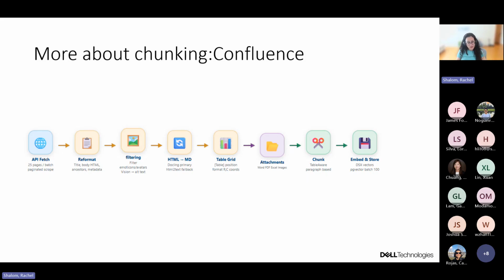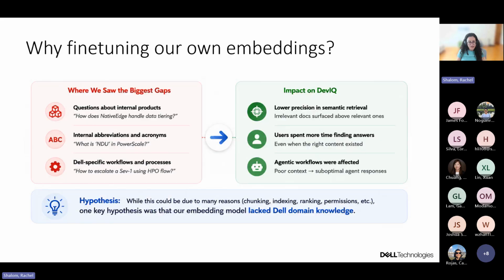We normally do it by keeping the name of the columns in each chunk, so each chunk is aware that it's from the same table. And then we embed and store it in a vector database. We use PG vector for that. So this is what we do in Confluence, and the reason I explained is it's important for later.